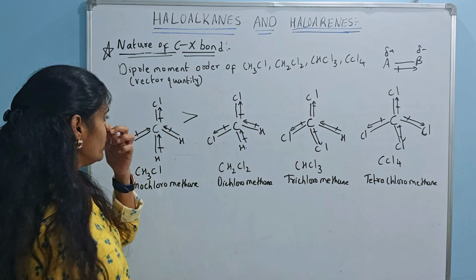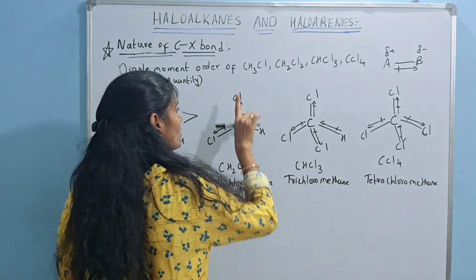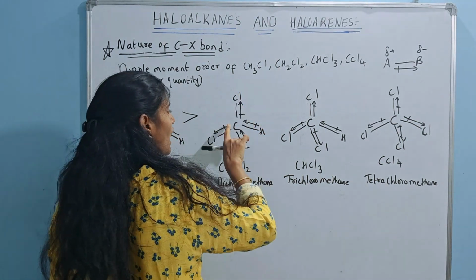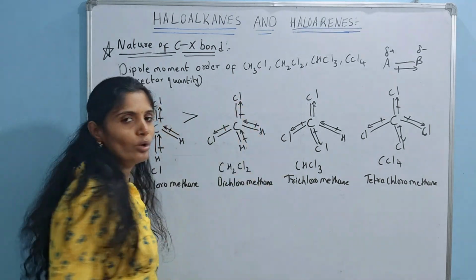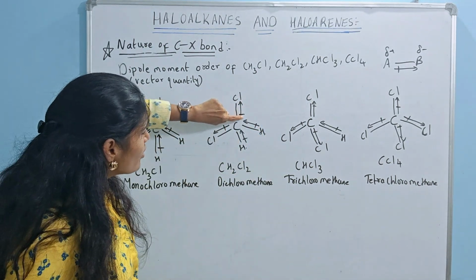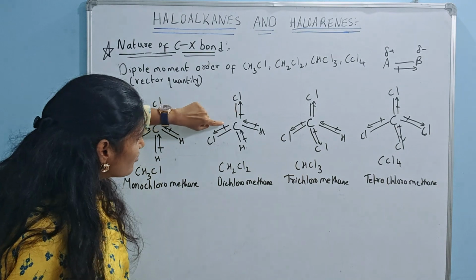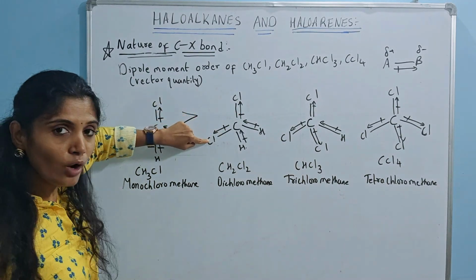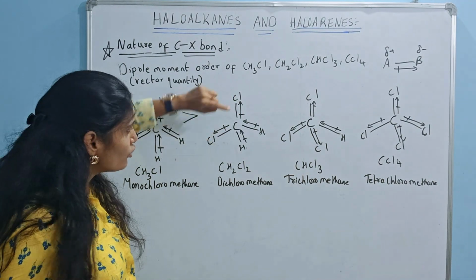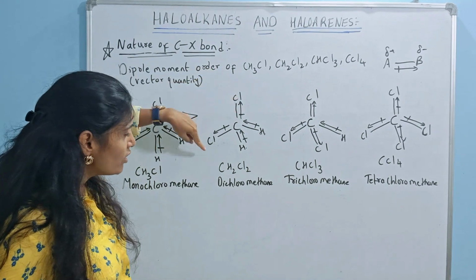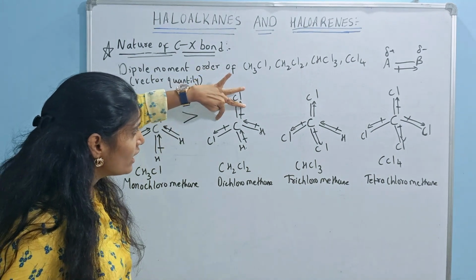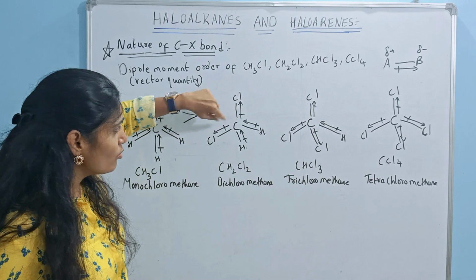Now if you see here, this dipole moment is going upward and these three dipole moments are going upward. Now the dipole moment which is going upward is cancelled by the dipole moment which is going downward. Both are carbon fluorine bonds only, one going upward, one going downward, so both get cancelled.